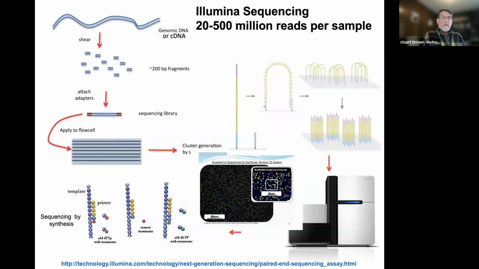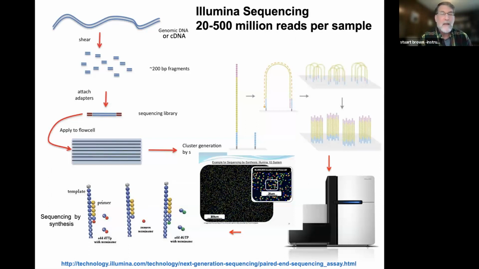Nowadays, the vast majority of DNA sequencing is done on Illumina machines, and they use a lot of the same concepts, but one really important concept that has been added is massively parallel sequencing.